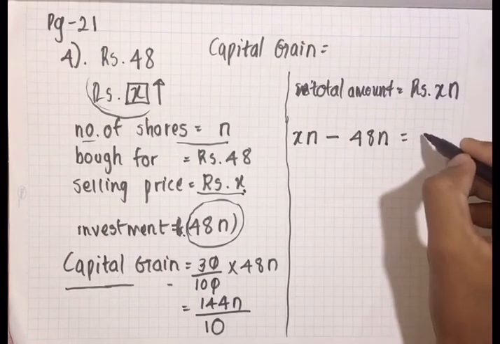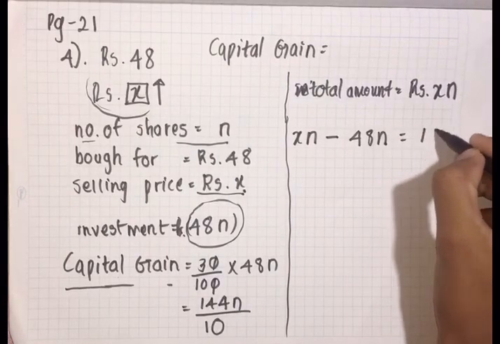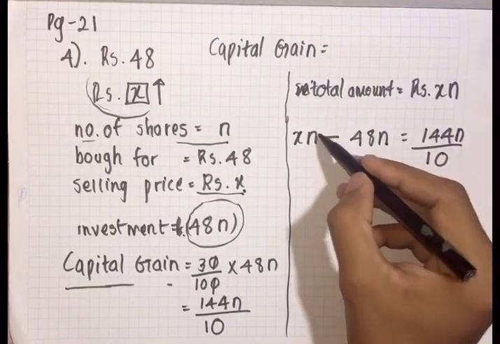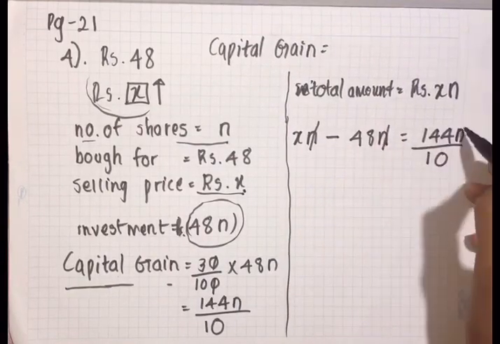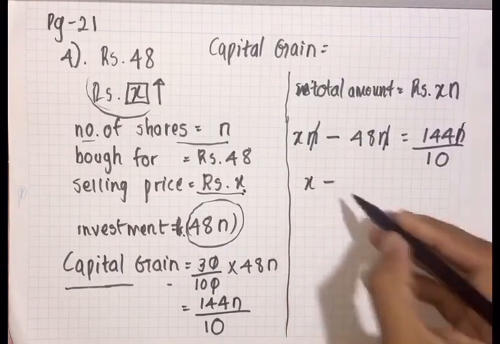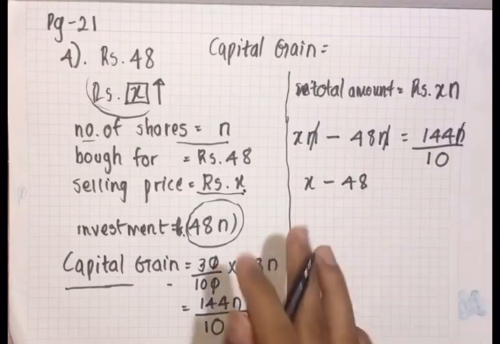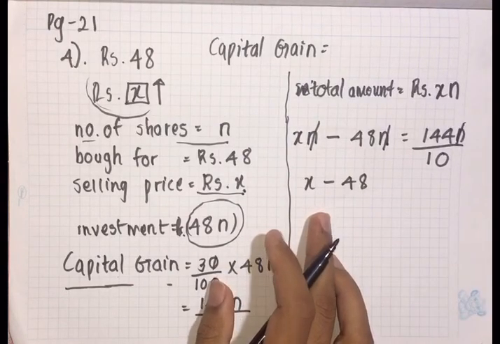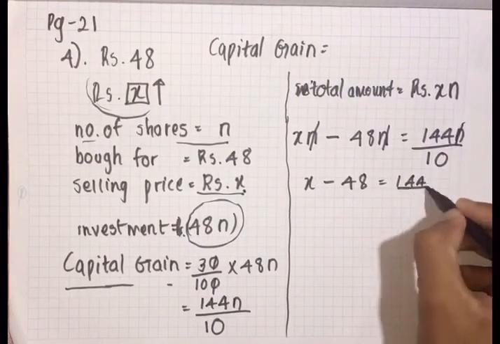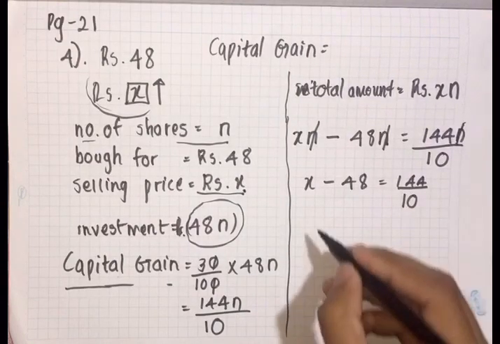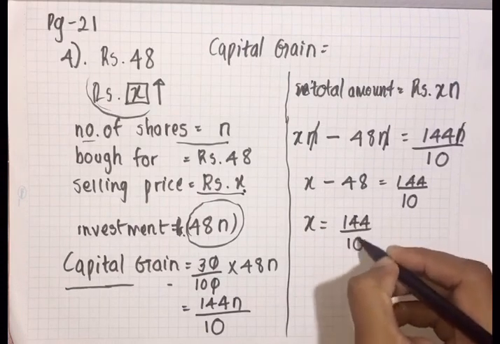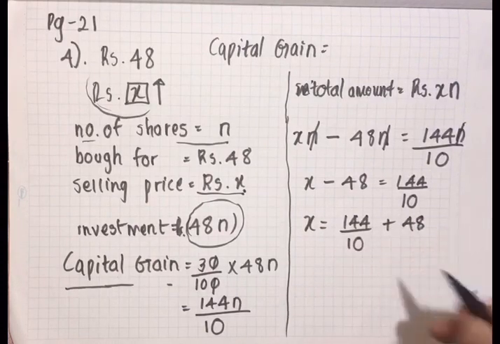Look at these calculations. You have 144n over 100. Since you have n in every term, you can cancel off n. So what is left? X minus 48 equals 144 over 10. How do you solve? X equals 144 over 10 plus 48. Now how do you add?